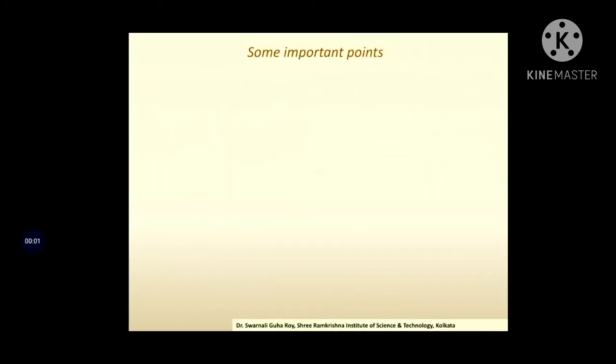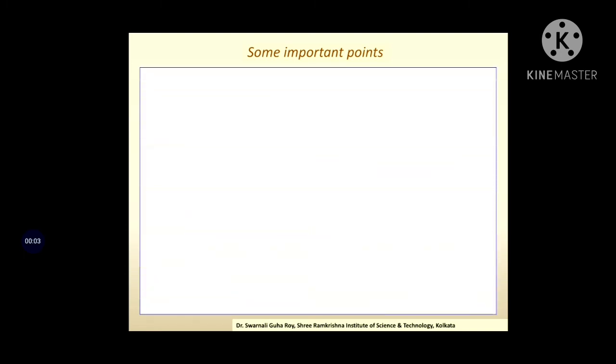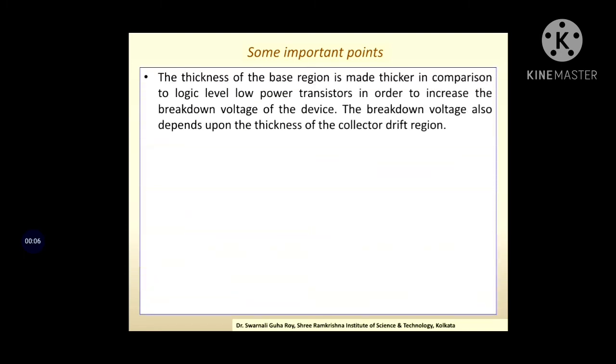Let us see some important points. First point is that the base region is made thicker in comparison to the logic level low power transistors in order to increase the breakdown voltage of the device, which is a very important point for a power transistor, as a power transistor operates in high voltage applications. So the breakdown voltage is required to be large.